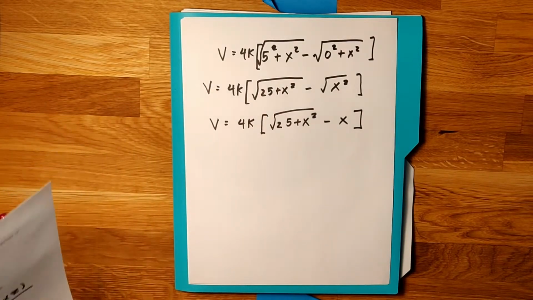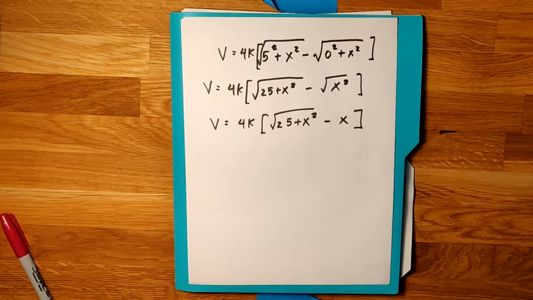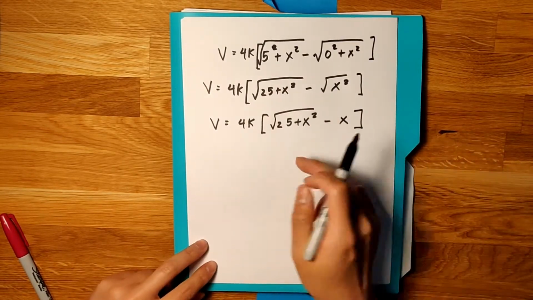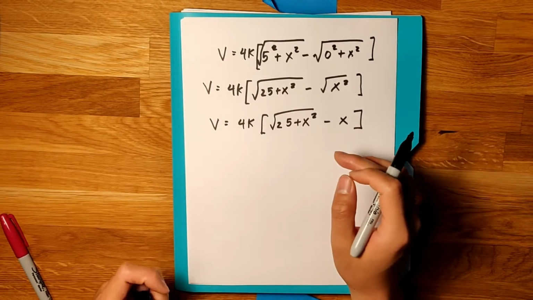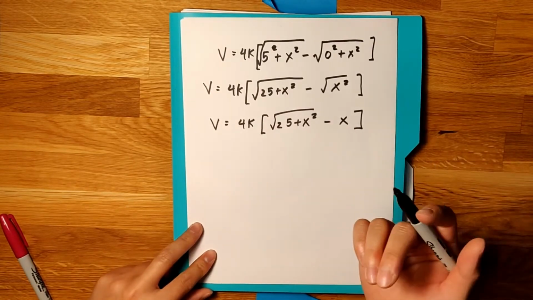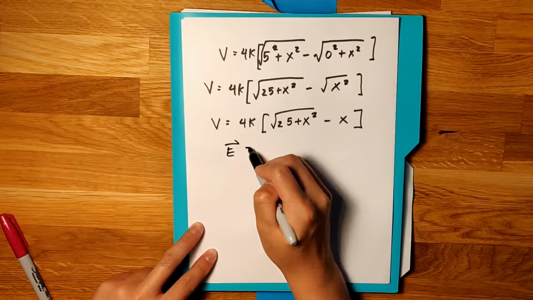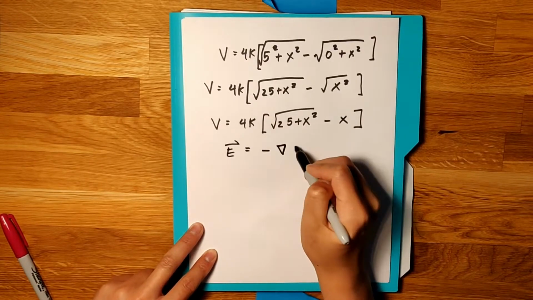I will do the gradient method today. The benefit is you don't have to worry about the direction. You can let the electric potential worry about the direction for you, because you know that the electric field is equal to negative gradient of V.